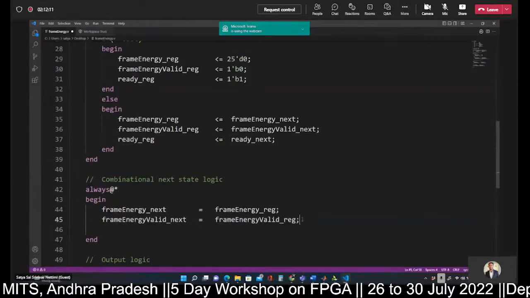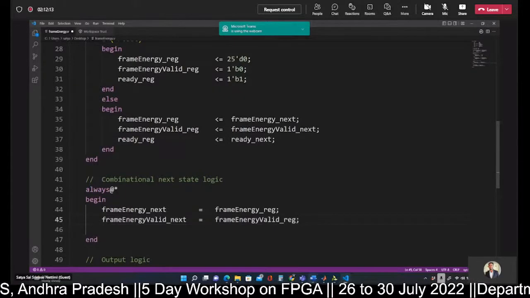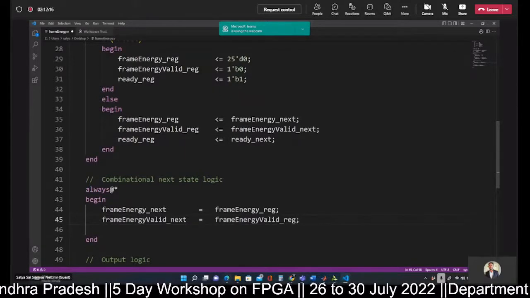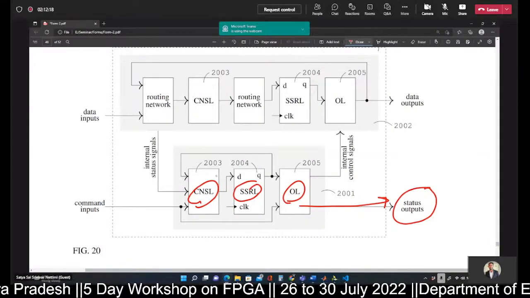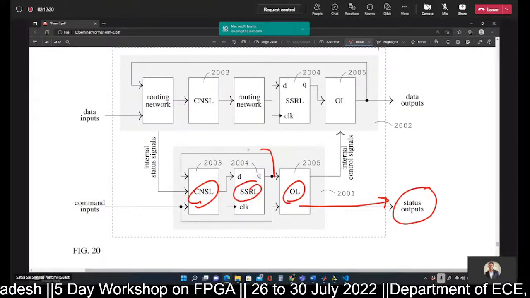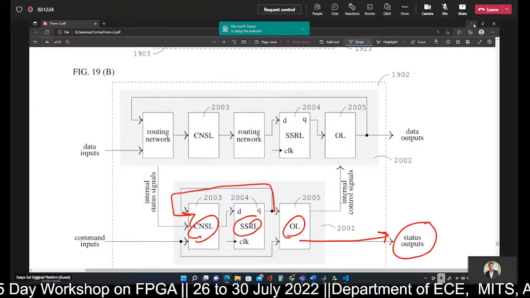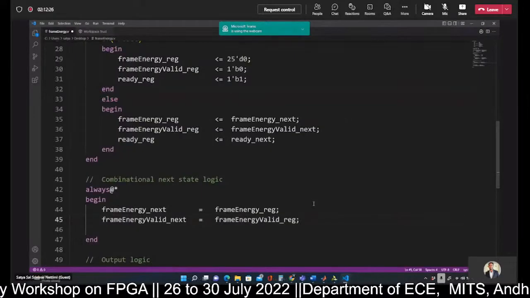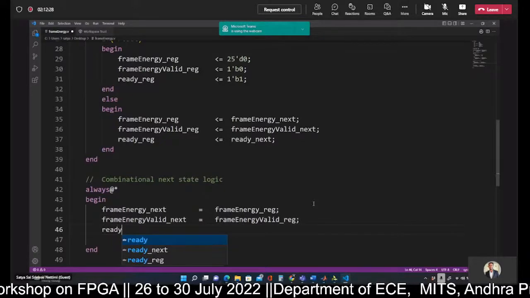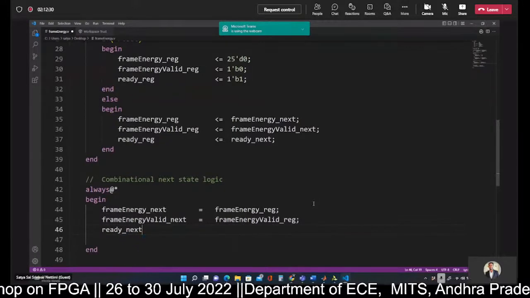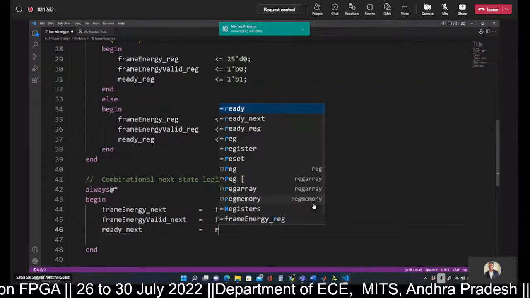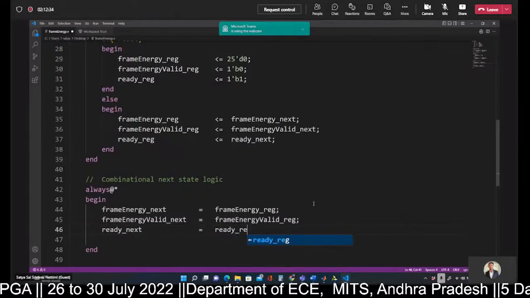Next, in the ideal case, when you are not doing anything, the combinational next state logic should follow the sequential state register logic when you are not manipulating anything. So then ready_next equals ready_reg.